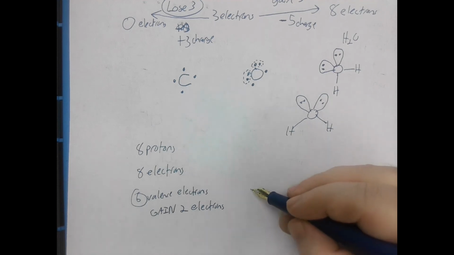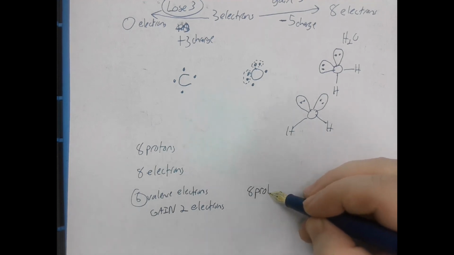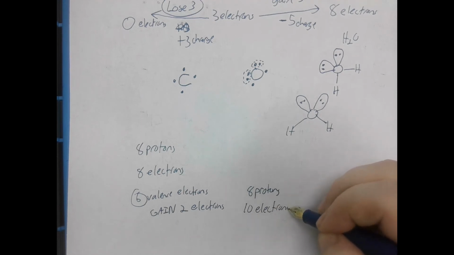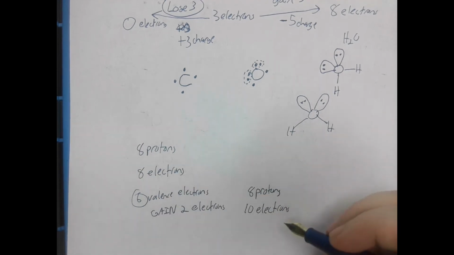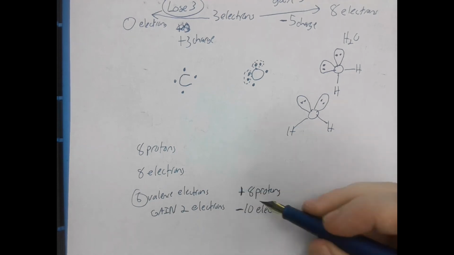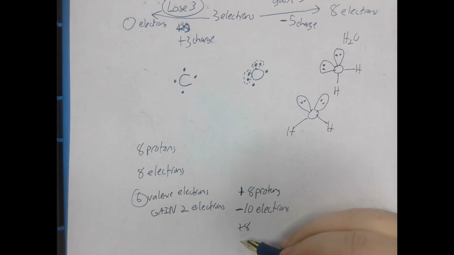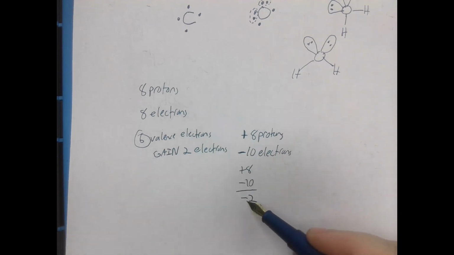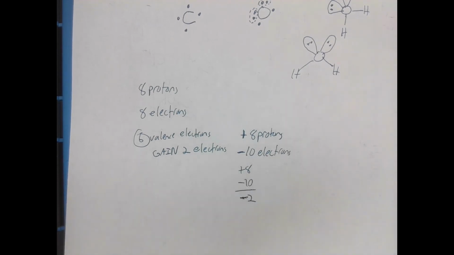So that means it wants to become something that has 8 protons and 10 electrons, because it wants to gain 2. So this is negative, and this is positive charge. So plus 8 charge and minus 10 charge is negative 2. So gaining 2 electrons gives you a negative 2 charge.